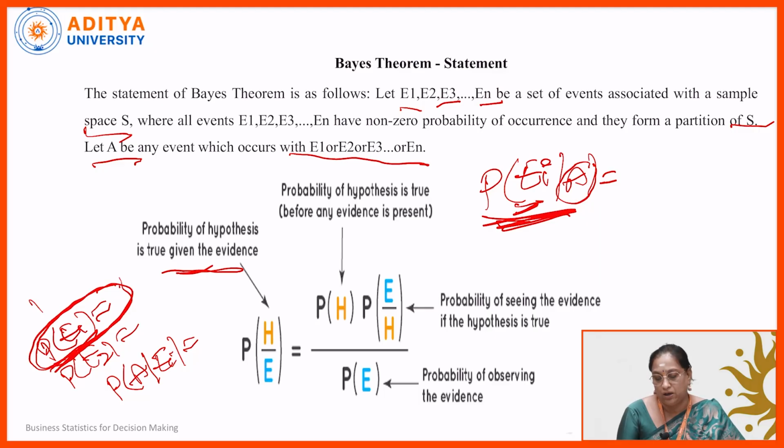Whereas P of Ei given A is called posterior, because to the historical data we are adding new evidence, and we are going to revise this prior probability. That is why it is called posterior probability. So, by using Bayes' theorem, this is how we can calculate posterior probabilities: when new evidence is added to the existing phenomena, we can calculate the chance of occurrence of an event.